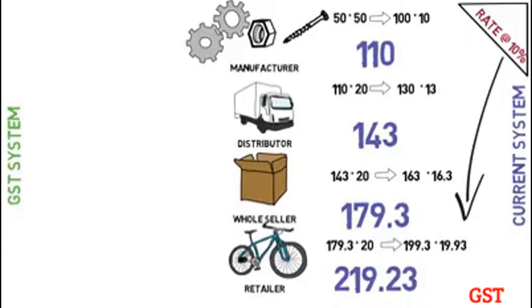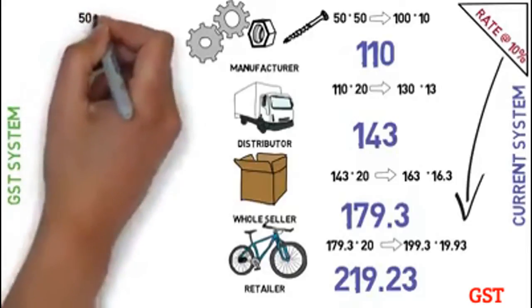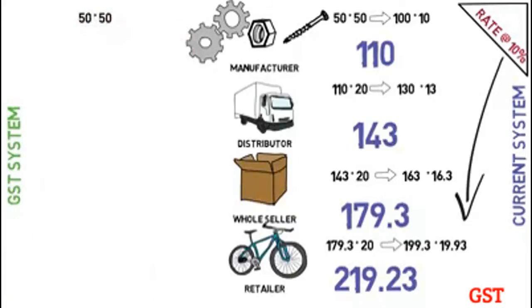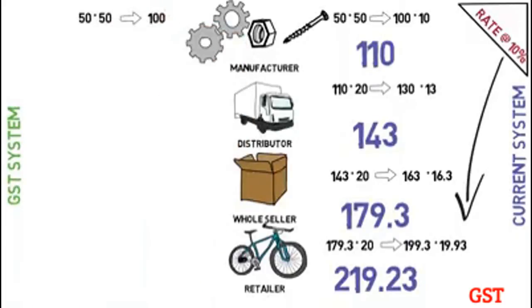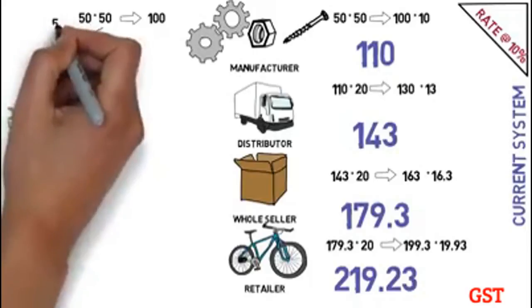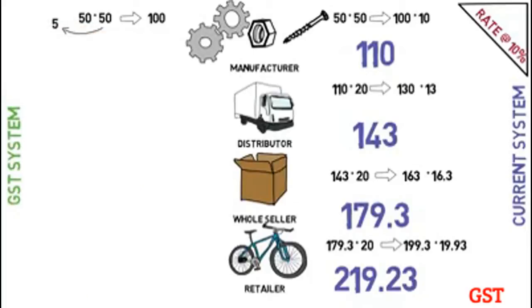Now we will take the same example in the GST system. Raw material of 50 rupees and the manufacturing value of rupees 50 make the product of 100 rupees. But this time the manufacturer has to pay taxes on the value added by him, which is rupees 50. So he pays 10% of 50, which is 5, as tax from his profit.